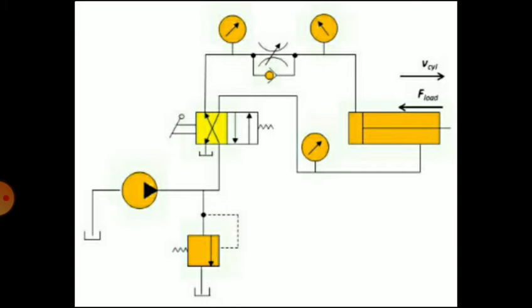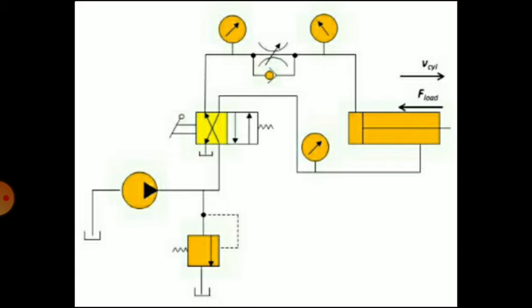The basic elements are, first, the pump, which pumps the fluid, and the cylinder and piston arrangement, that is an actuator. So that is an application, so that we will get the forward and return stroke of the piston.